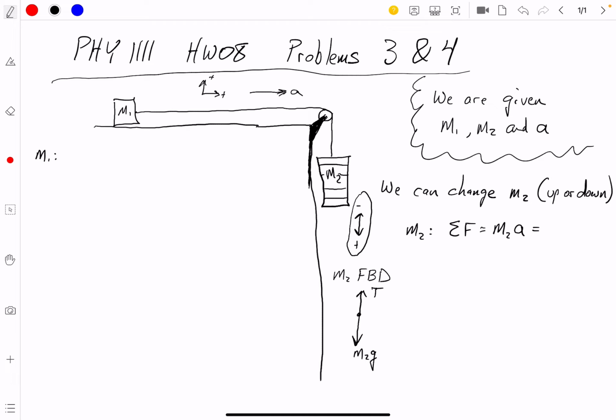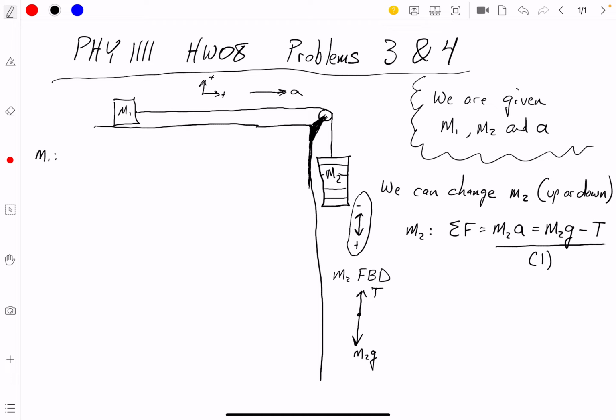So we can say tension is going in the negative direction. So I'm going to say M2G minus T. And so this is our first equation. So I'm going to call it equation 1. Put a little 1 there.